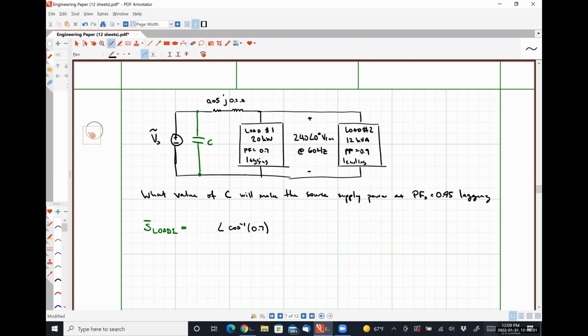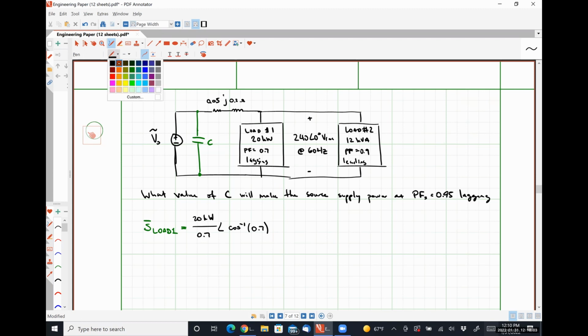Power factor by definition is the ratio of the average power divided by the apparent power. Complex power is the apparent power at the power factor angle. So I would argue that this should be 20 kilowatts divided by 0.7. I'm saying apparent power is average power divided by power factor.